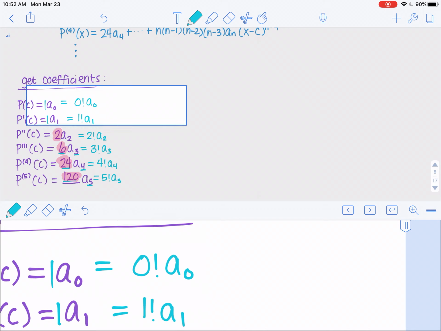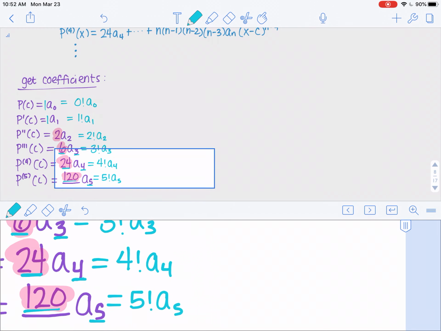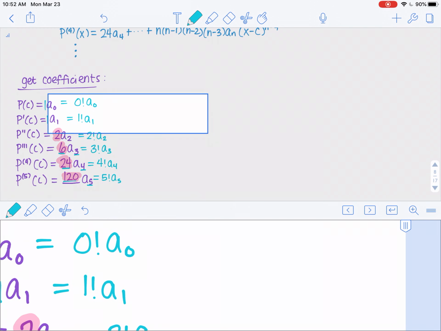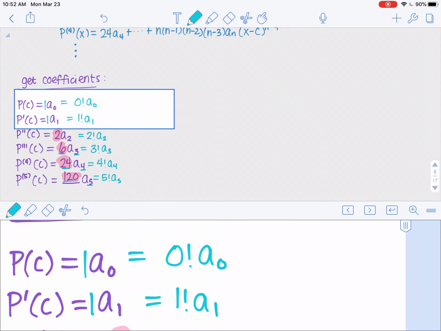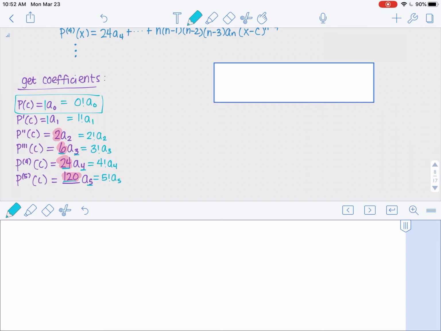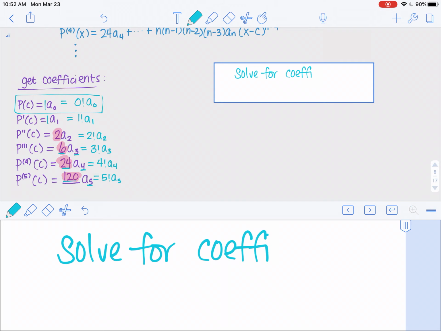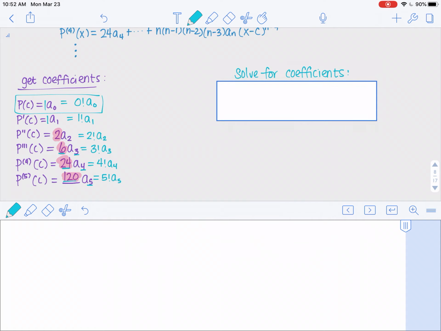And so here is a way to figure out all of these coefficients that I need. What if I actually solve these equations for the coefficients? And that's what we're about to do right now. So let's solve for the coefficients. The last one was how we are building them, and now we're going to get those coefficients alone.